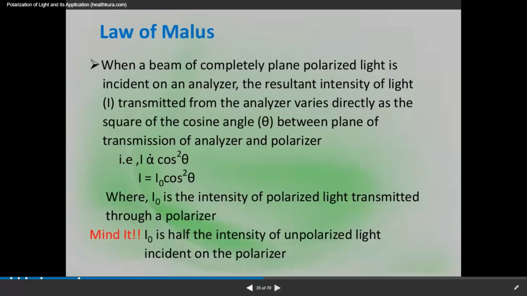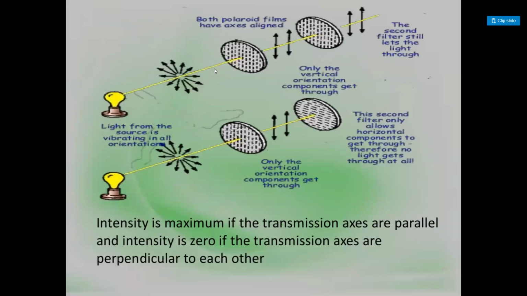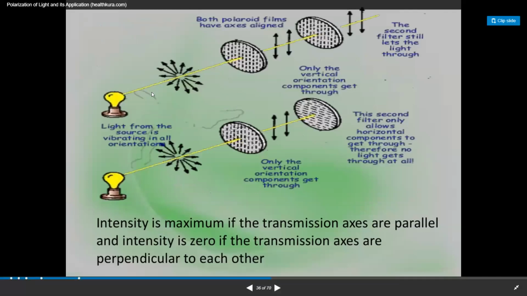Okay, now, this is also one of the clear pictures to observe Malus law. This is unpolarized light, so it travels in all directions. Here it is a polarizer, a vertical polarizer. Here the analyzer is also in a vertical position. Then only after the analyzer do we observe light.